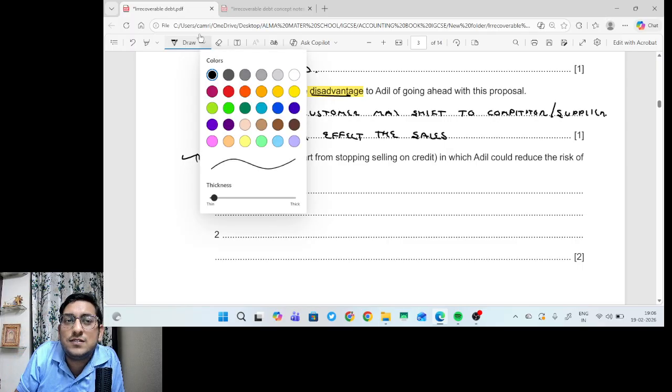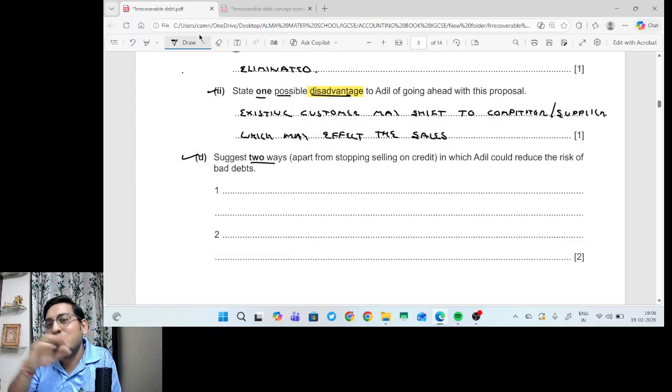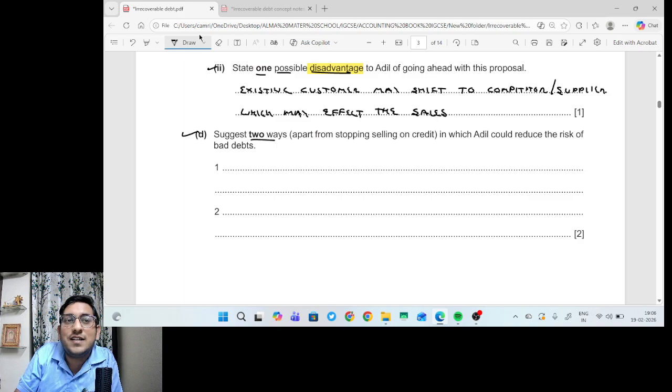So you may please pause the video, think of two reasons, then again play it. Okay, come back. What are the two ways in which Adil could reduce the risk of bad debt? So can I say if you want to reduce the risk of irrecoverable debt, you can allow cash discounts so that they can be encouraged to pay early because they are getting some benefit, right?